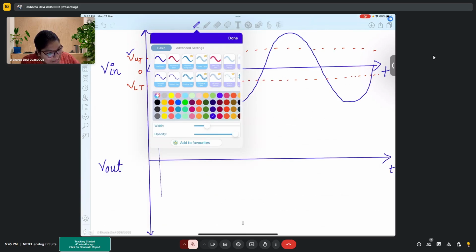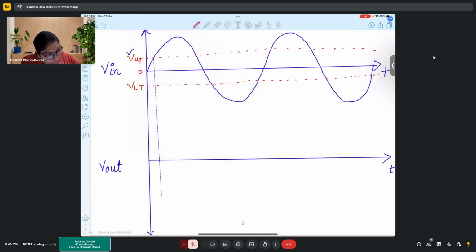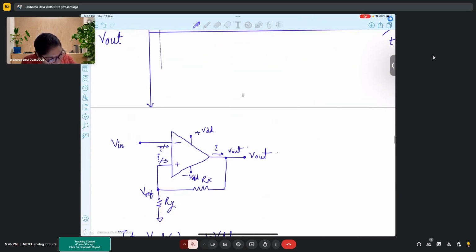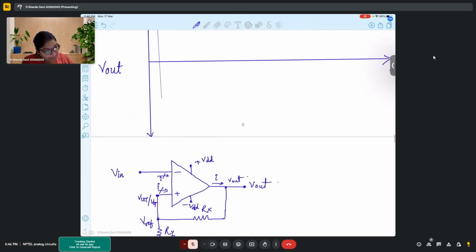Now if I start analyzing for my input, which is earlier at 0, it is slowly rising until VUT. VUT is this point. At this point, we will see VUT or VLT, which is compared to our input.